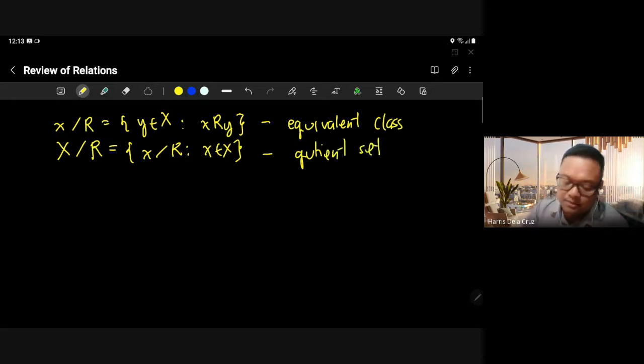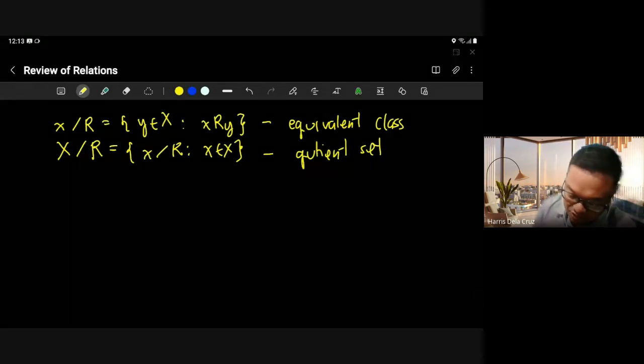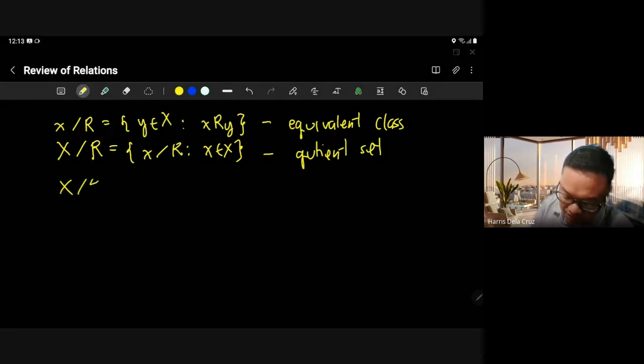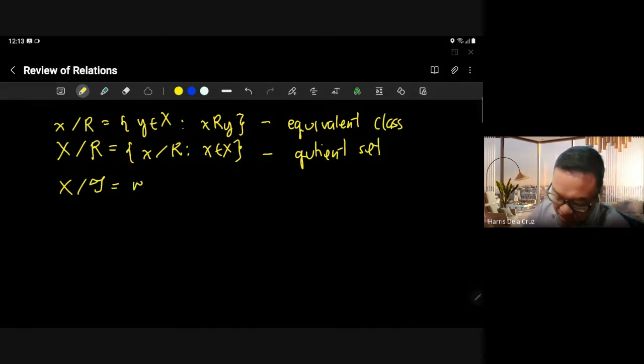set. Okay. Now, pag meron ka namang partition, capital X over a partition, that's the induced relation. So, it's a relation. Definition muna. Sige.